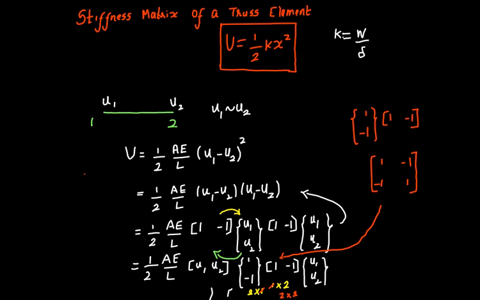You see, this A by L is a constant, so I can shift it anywhere I want. I want to bring it here, so it becomes A by L, 1 minus 1 minus 1 1, followed by the U matrix.